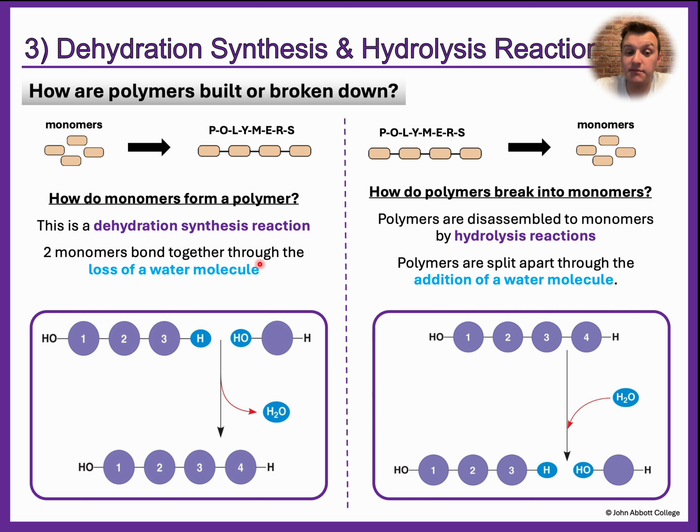And we bond them together through a loss of a water molecule. Do you see over here, this chain has 1, 2, 3 monomers, right? And on every chain, there's always an OH side and there's always a hydrogen on the other side, right? Over here, you see this monomer. It's one monomer long. It has an OH side and an H side.